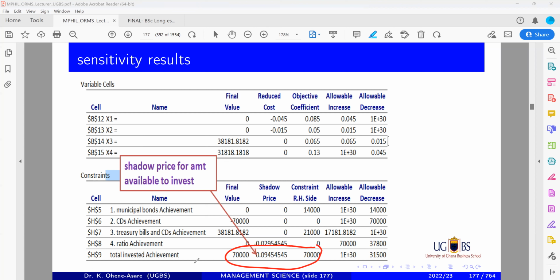Are you focusing on the left-hand side or the right-hand side? The left-hand side. That's it. Document all of this: since the left-hand side, 70,000, equals the right-hand side, 70,000, she did invest everything.